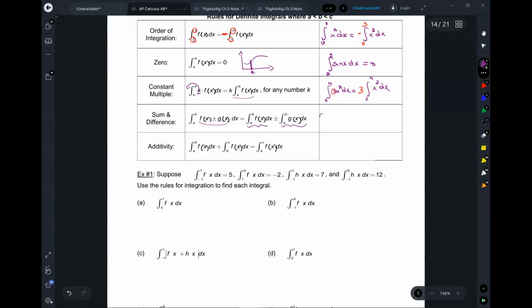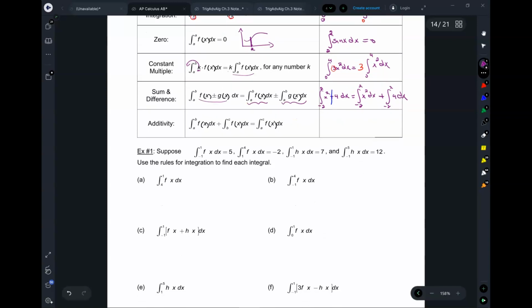So for example, if I have the integral from -2 to 2, x squared plus 4 dx, right? Look at the x squared plus 4. I can kind of split that function right there. And so I can have the integral from -2 to 2, x squared dx, plus the integral from -2 to 2, 4 dx.